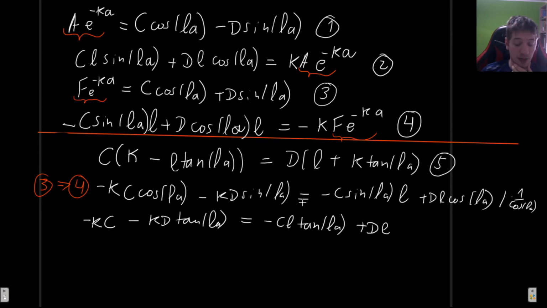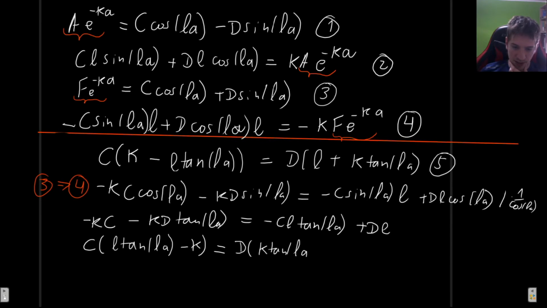That way it's going to be much simpler to compare this to equation 5. So when we factor out c's, we get L tangent of LA minus K, and to the right hand side we got d's, so we get D times (K tangent LA plus L).